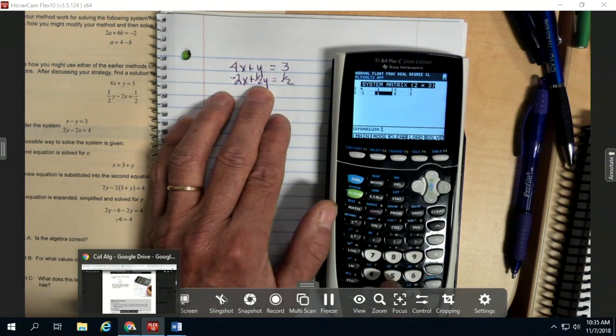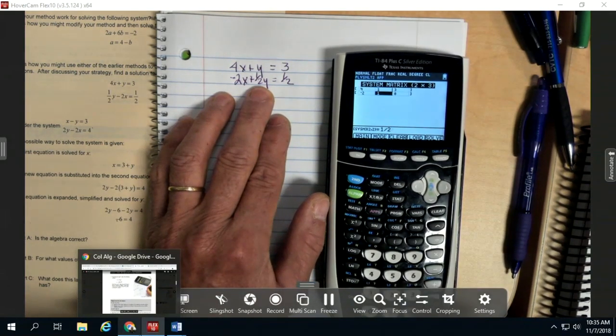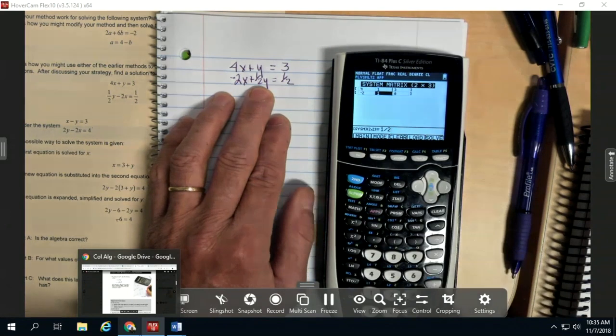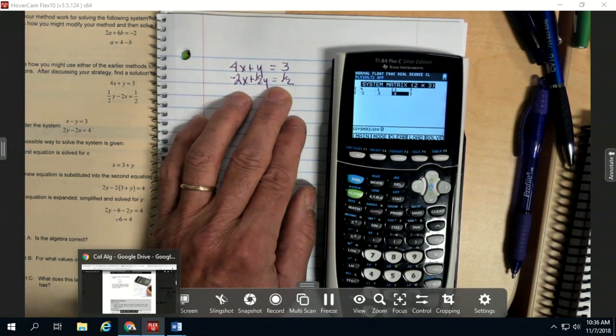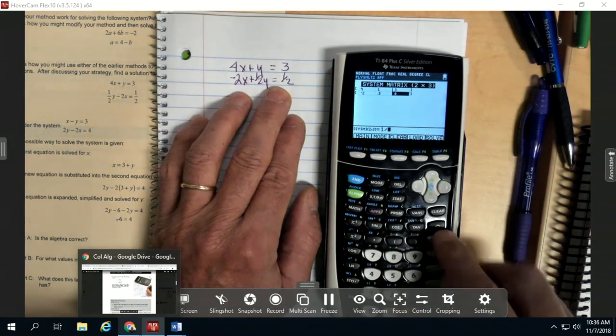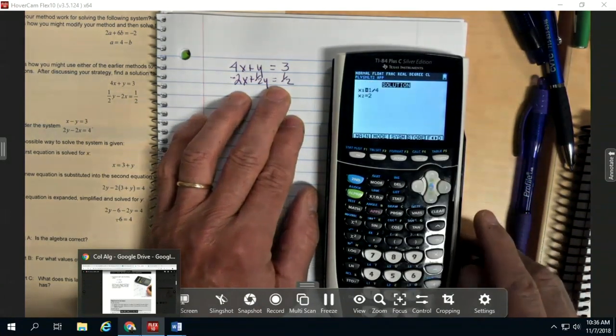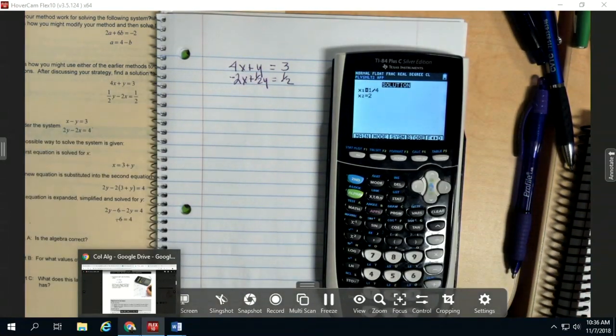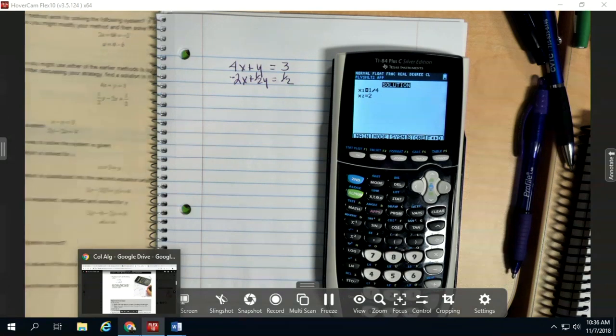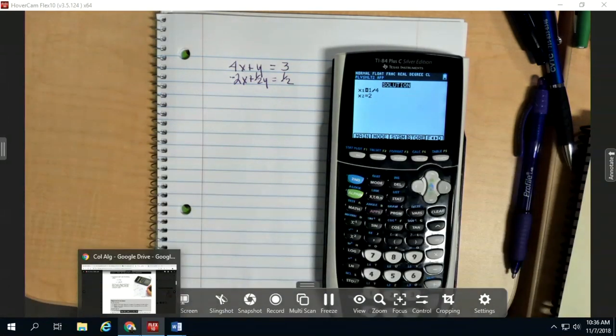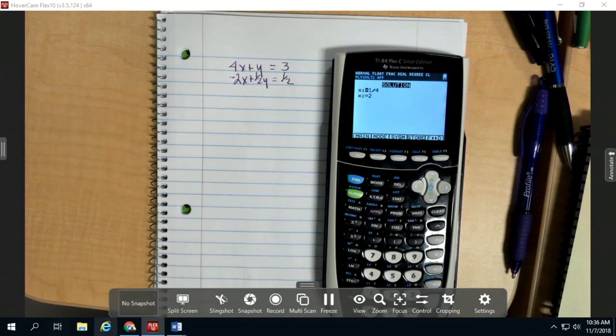Now you can either do 1 divided by 2, or you could do 0.5. It doesn't matter. Enter, and then 1 divided by 2, enter, solve, and it tells you the solution is 1/4 and 2. You got that? Everybody figured out how to do that on their calculator?